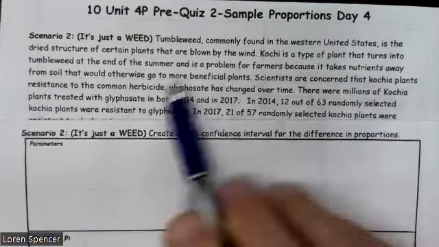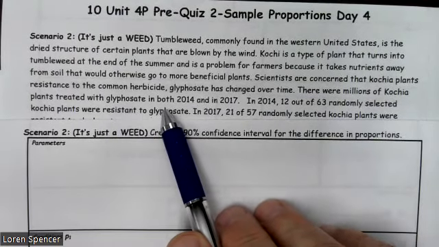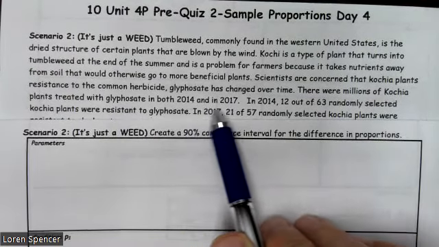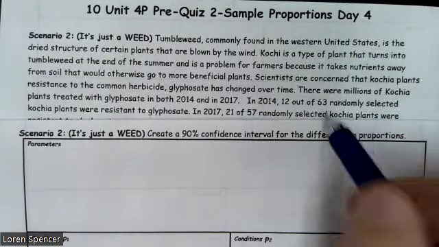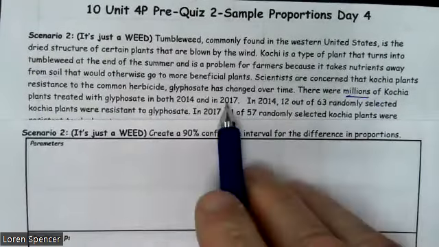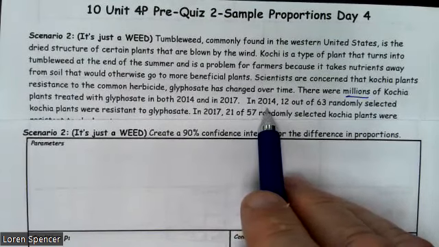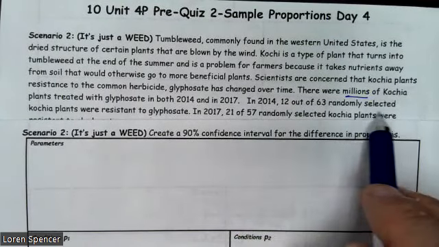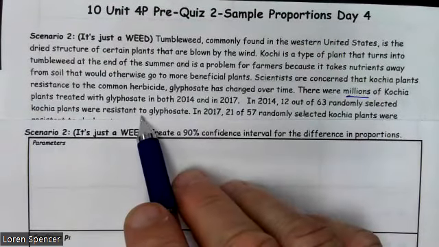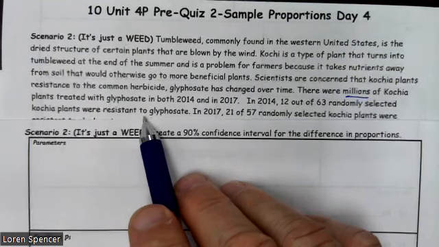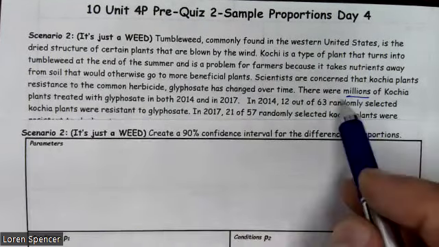There are millions of kochia plants treated with glyphosate in both 2014 and 2017. In 2014, 12 out of 63 randomly selected plants were resistant to glyphosate.